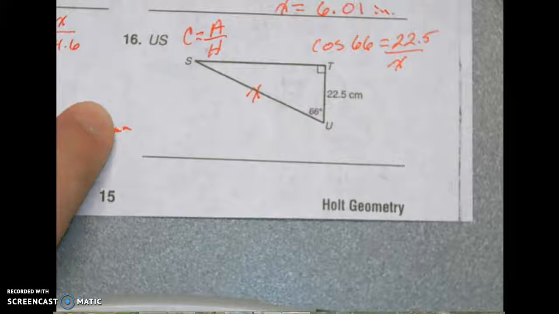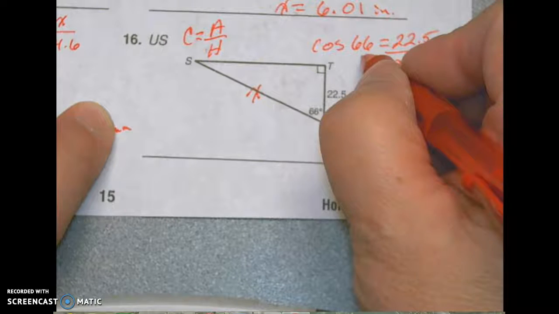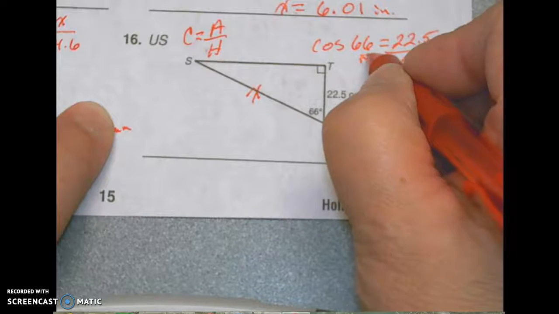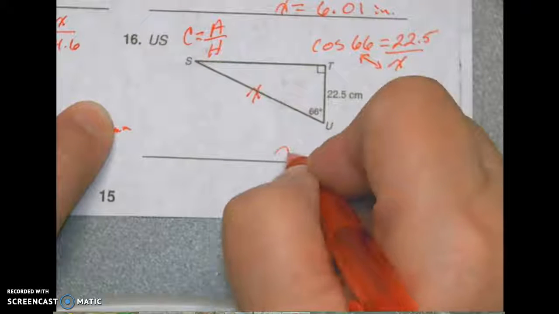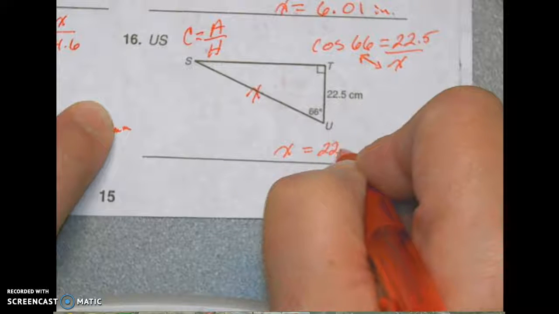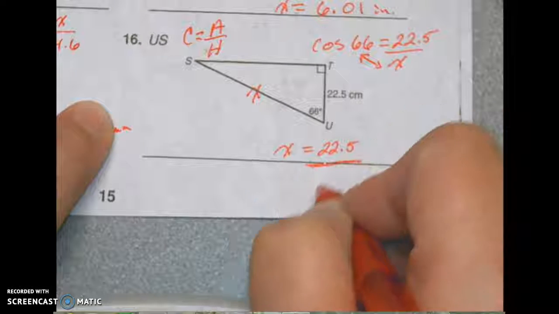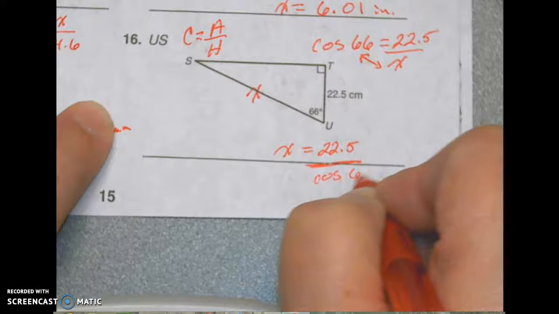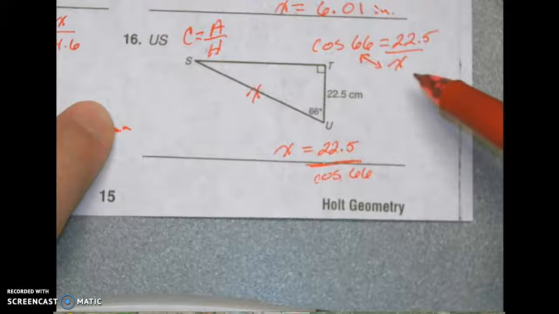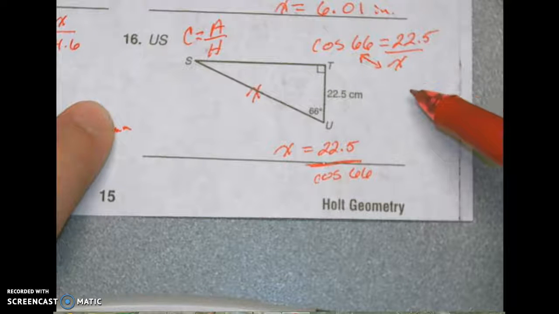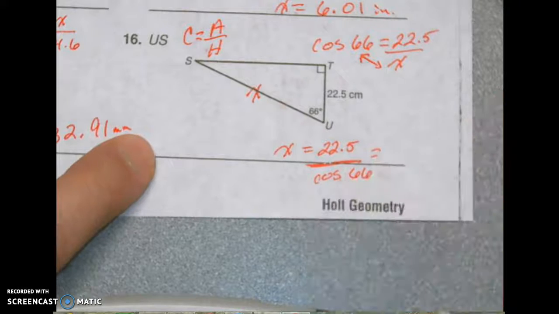In order to solve that, it's like interchanging those two that are going to be cross-multiplied. So to find my x, it will be 22.5 divided by the cosine of 66 degrees. I don't know whether to multiply or divide until I've set up my equation, but once I do, I can get my answer fairly quickly.